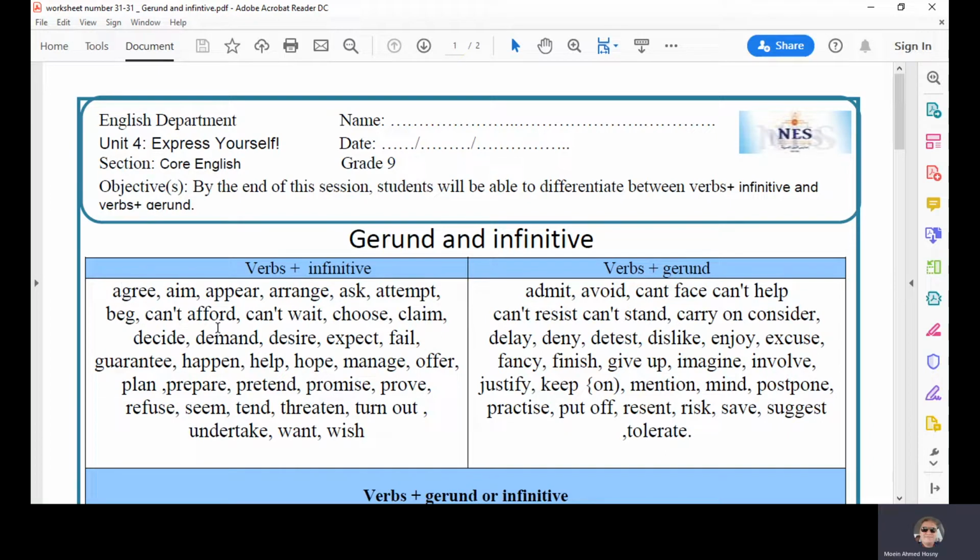These are the most famous ones. Let's generate some examples. Okay, for example, they decided to go to the party. I hope to get the full mark. Okay, they seem to be happy, and so on.